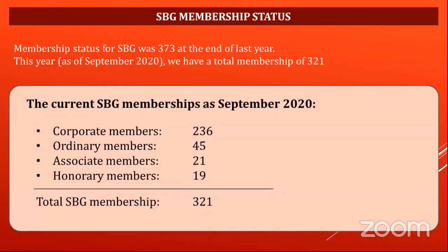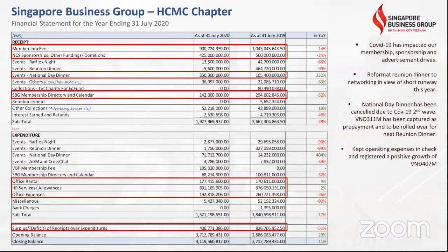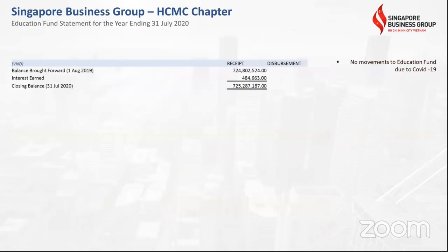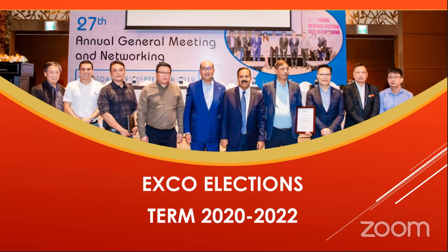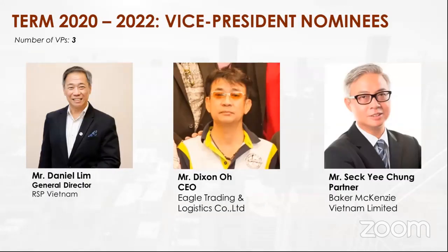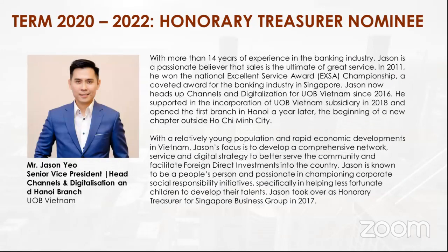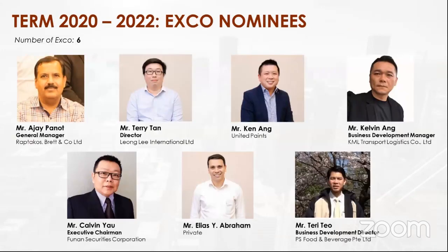Then after Jeffrey's part, Jason will take over for the financial report. And then we will continue with the EXCO election hosted by Jeffrey. So we will post all of your profiles here.